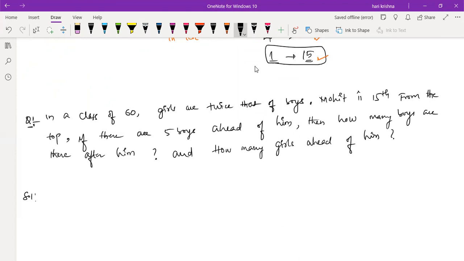Suppose in a class the total strength is 60 members. In that, the girls are twice that of boys. That means the girls to boys ratio is 2:1. In the total class, Mohit is 15th from the top. If there are 5 boys ahead of him, then we have to find out how many boys are after him and how many girls are ahead of him.